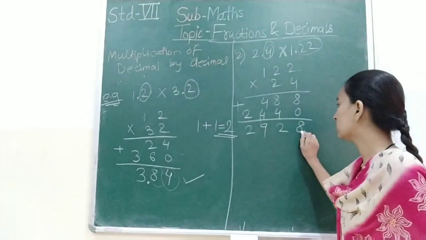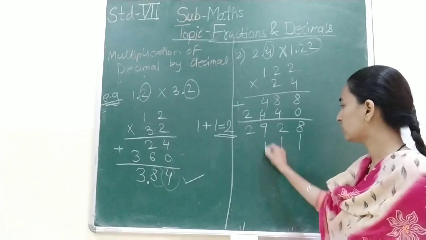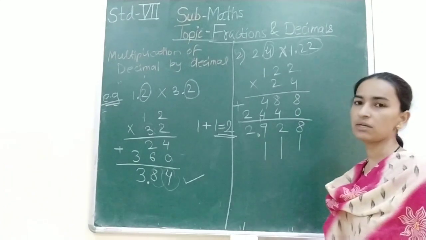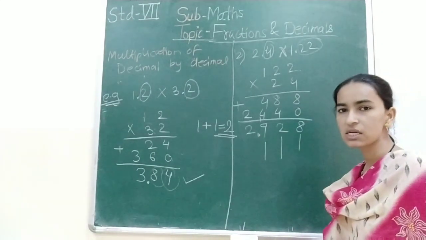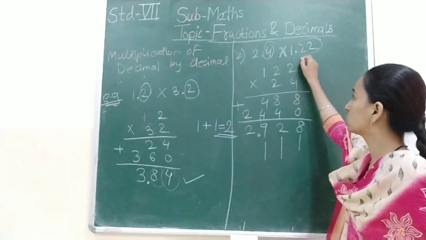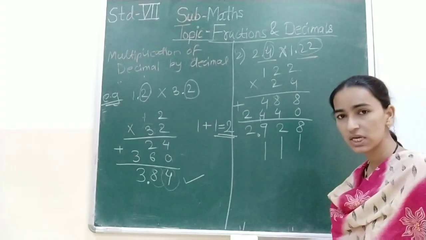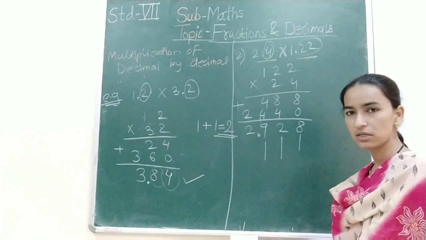So leave 3 digits from right side. 1, 2, 3. And give the point here. That means 2.928 is our answer for these two decimals. Understand how to give the decimal point? Yes, students? Okay. Is it easy?